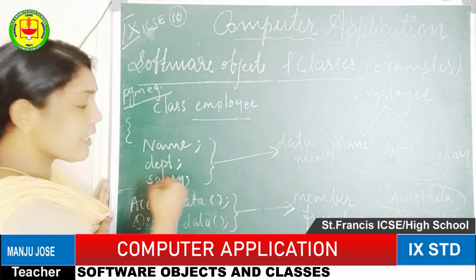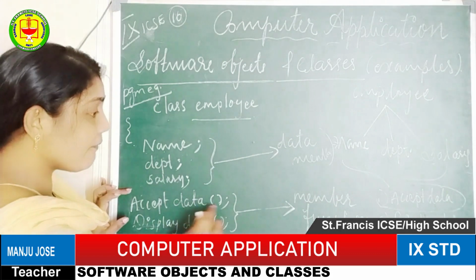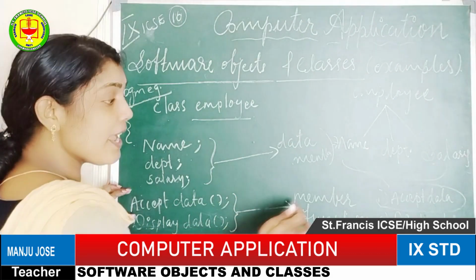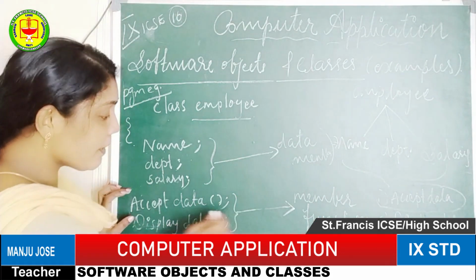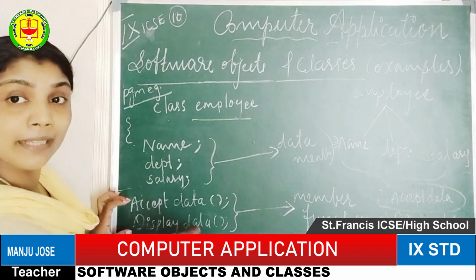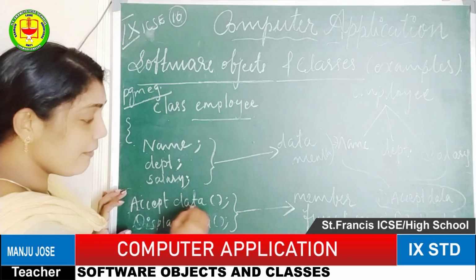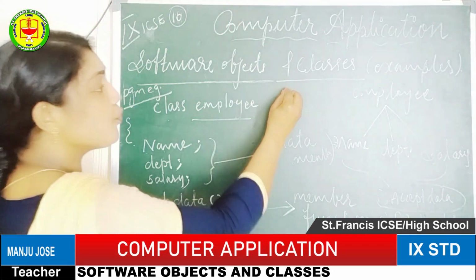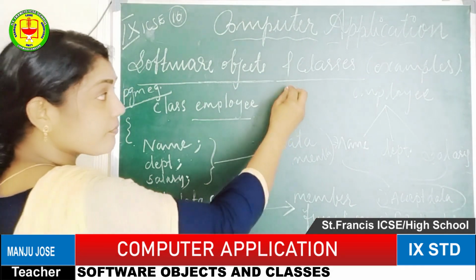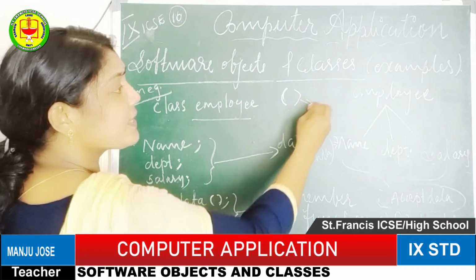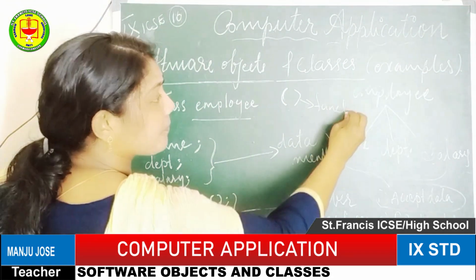Then salary, semicolon. But the next two we consider as member functions, and member functions are represented by a different method. Here, at the end of the word we have used these two brackets. These two brackets are called function brackets.